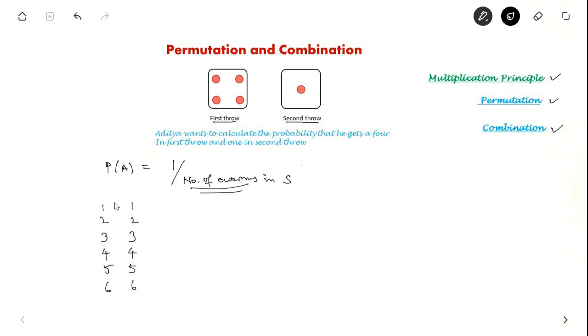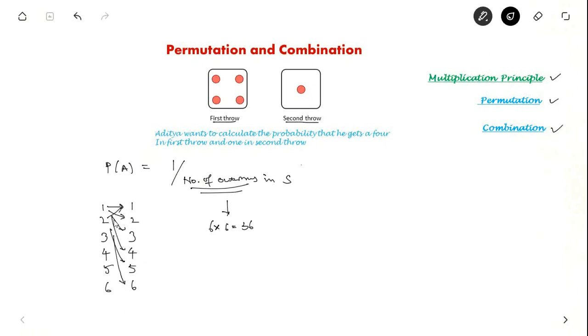So you cannot list out each outcome and count it, it will take a lot of time. That is when you multiply, as these two are totally independent events. So the total number of outcomes will be 6 into 6, which is equal to 36. For example, it can be 1, 1, 1, 2, 1, 3, 1, 4, 1, 5 and 1, 6, that is 6 possibilities.